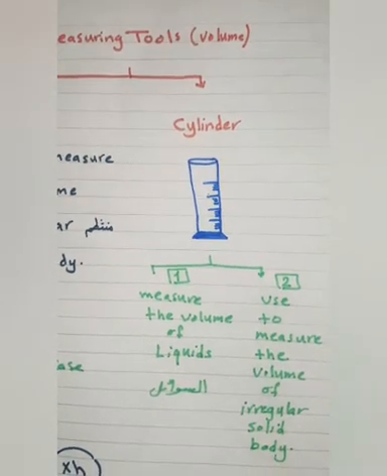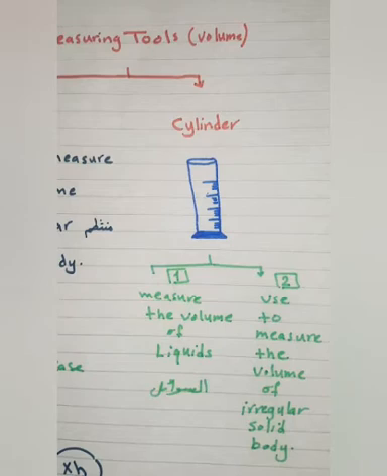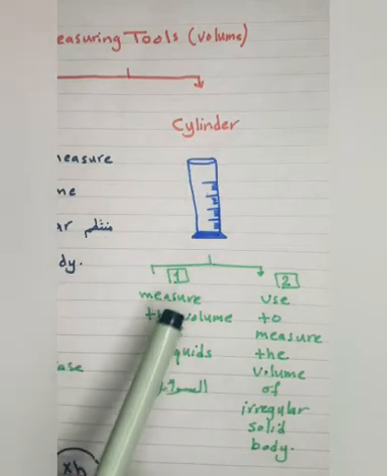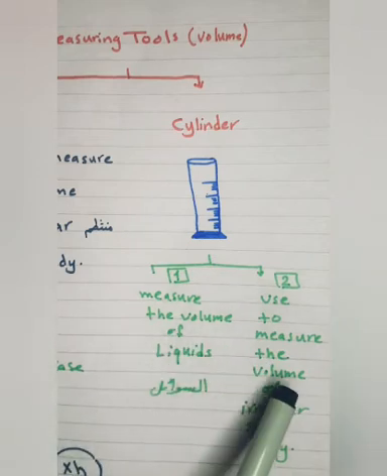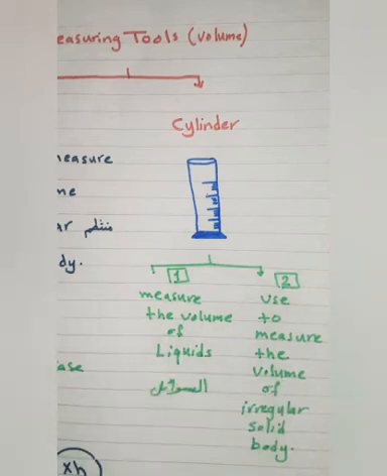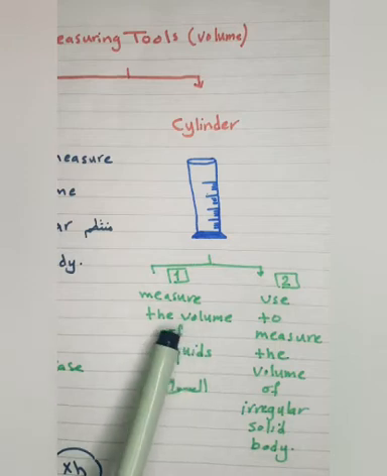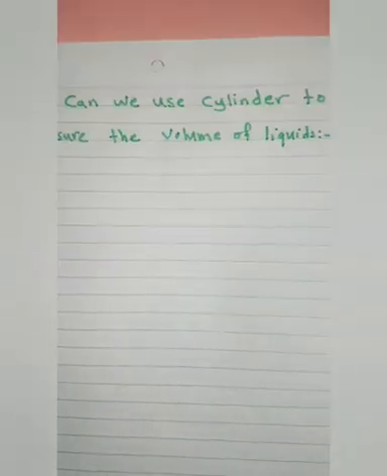So the second step in our lesson to learn with each other how can we use the cylinder to measure the volume of liquids and to measure the volume of irregular solid body. Let's start with liquids.